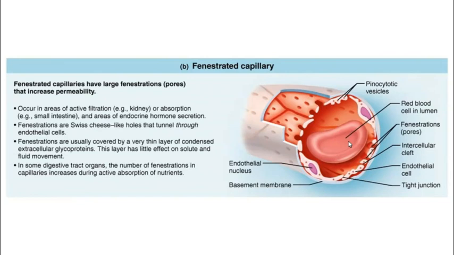Glucose, water, sodium and potassium will eventually be reclaimed by the renal tubules, but in a healthy kidney, we will not see red blood cells or proteins, because these fenestrations, these pores in the capillaries, are too small to allow the passage of blood cells or proteins.